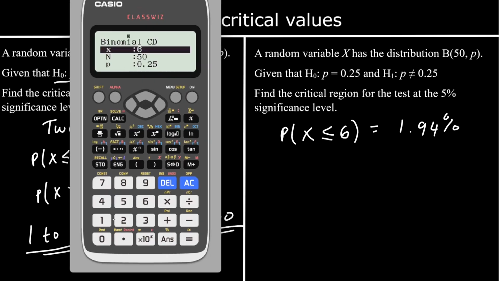For the upper end, so 17 is 94%. 18 isn't quite 2.5%. So let's go to 19, and the probability of 19 or less is that.